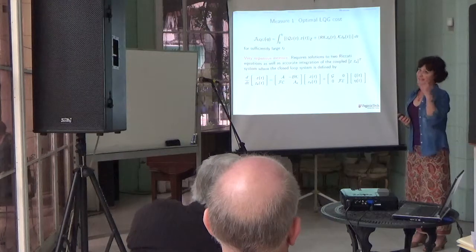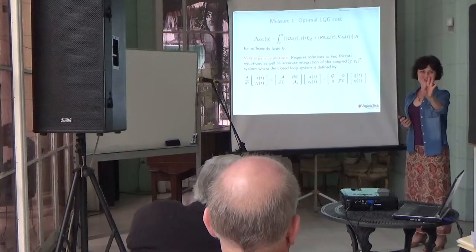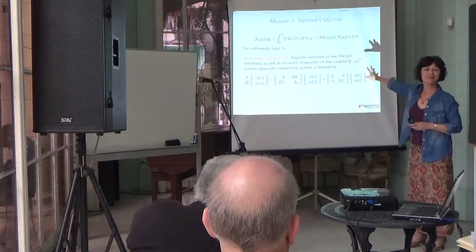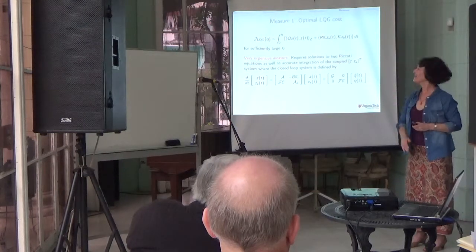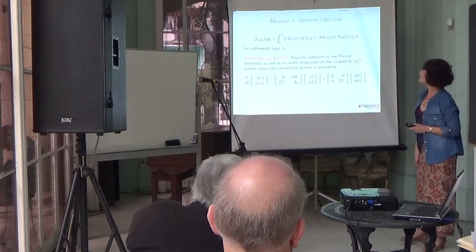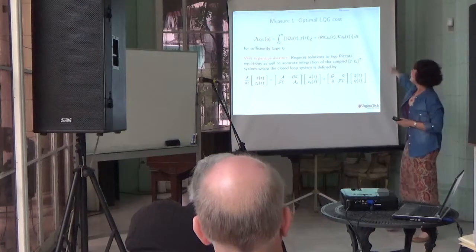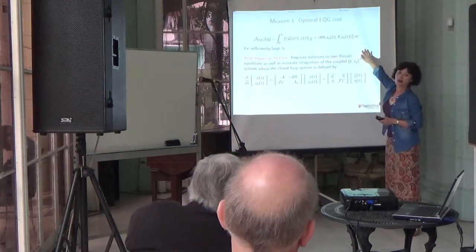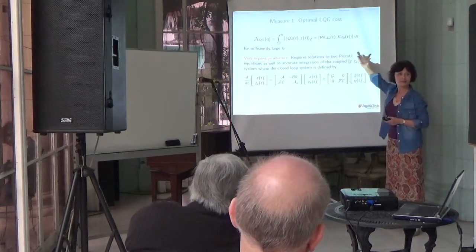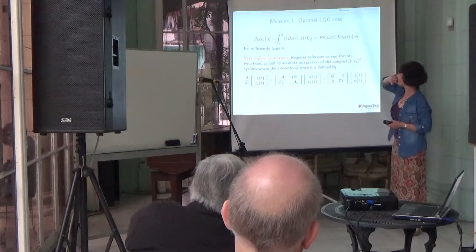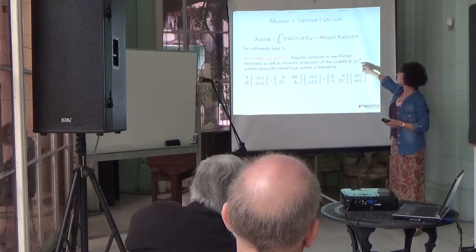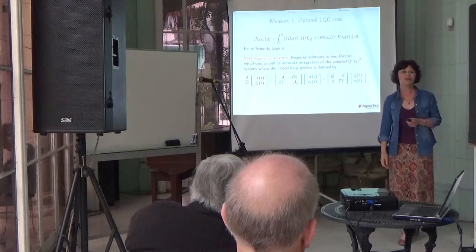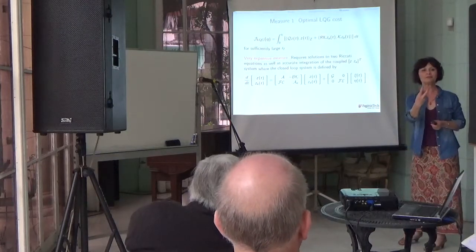So I said there are 4 measures that I'm going to show, and this is the worst one. I just wanted to get it out of the way so that we can all see it. The one would obviously be to find the optimal cost, find the minimum cost. That would be full circle. But it requires a solution to two algebraic Riccati equations, and then you have to solve this coupled system.